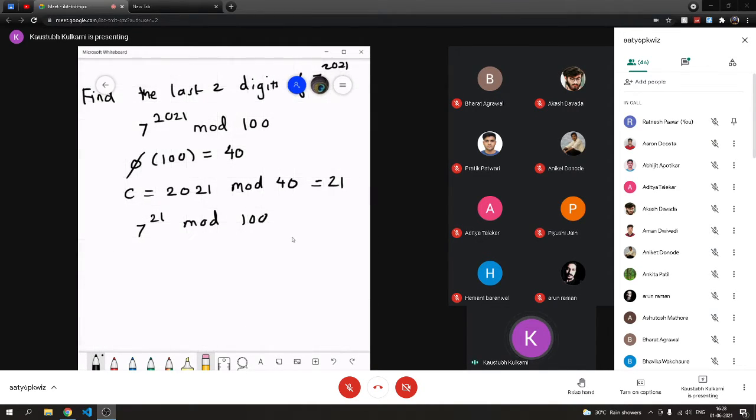Now, can you suggest in the chat how we can solve this? We have studied a lot of things in modular arithmetic. What will we use for this? How can we calculate 7 raised to 21 mod 100?